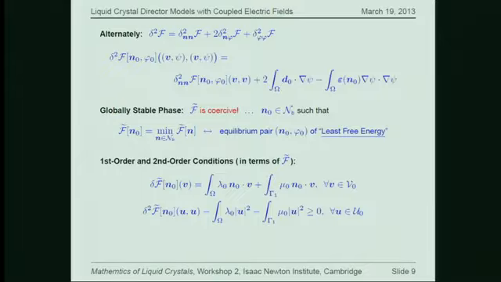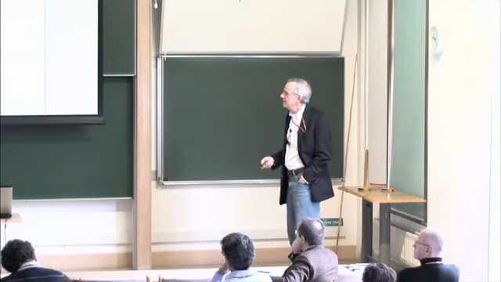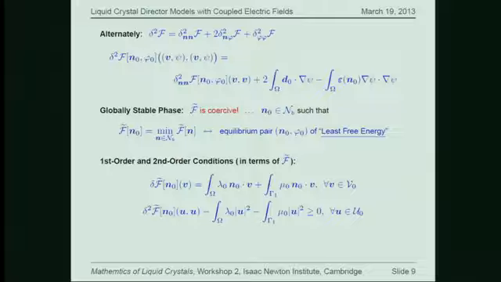Now, in terms of the deflated free energy, the first and second order conditions are less complicated. In the Lagrange multiplier version, the first order condition that's necessary for equilibrium is simply this. Again, it's the same Lagrange multiplier in the bulk, same Lagrange multiplier on the boundary. The second order condition is essentially that the second variation of the Lagrangian is positive definite on the tangent space.